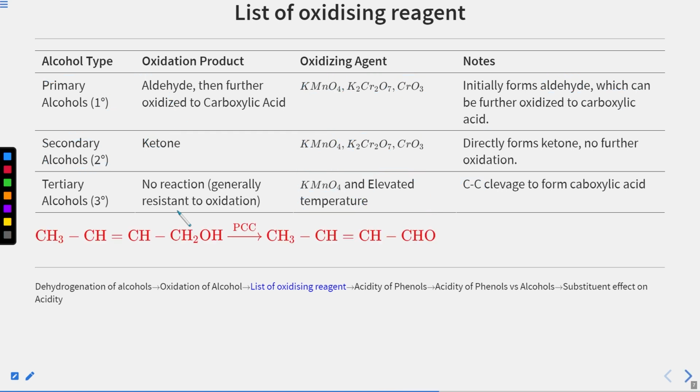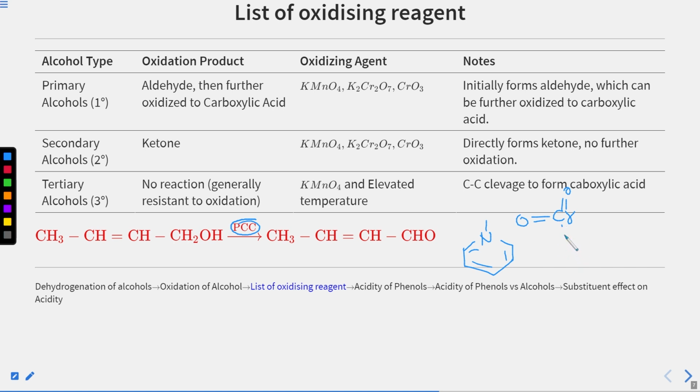Before that, we have a reaction here. As I have told you earlier, this is called PCC. PCC is basically pyridinium chlorochromate. This is pyridine, and it has a chromate; chromate looks like this.